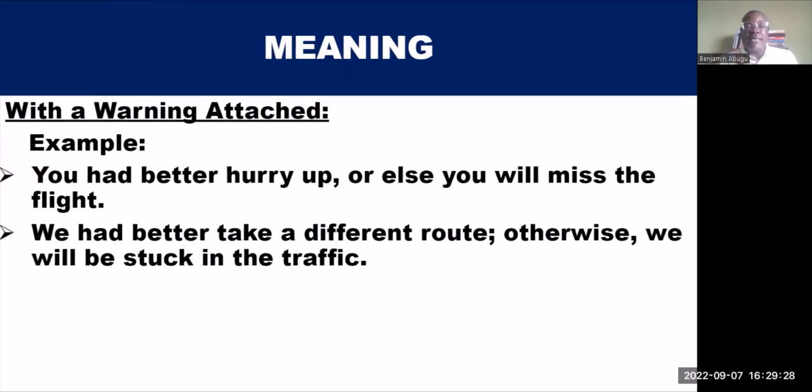We had better take a different route. Otherwise, we will be stuck in the traffic. See, you discover that there's traffic building up along the route you are taking, and you are saying, well, we had better take an alternative route. Otherwise, we will be stuck in the traffic.